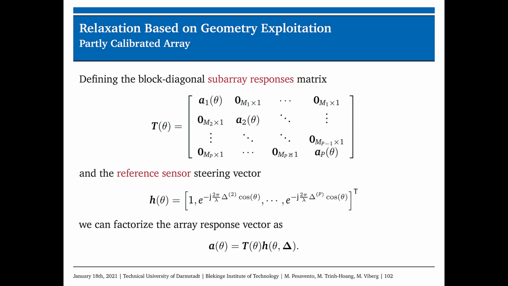The reference sensor steering vector is denoted by h of theta, and it also depends on the displacement vector delta. With this parameterization, we can factorize the steering vector of the overall array A of theta as T of theta times h of theta and delta.